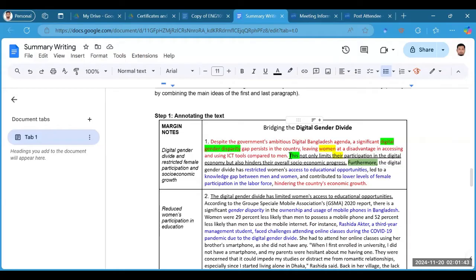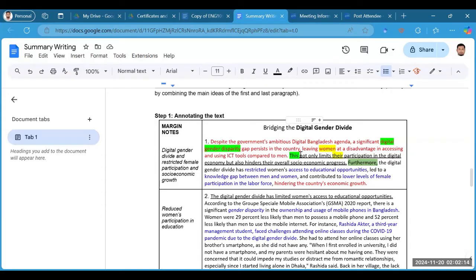In the next sentence, the writer says this indicates the gender-based digital divide, and the word "their" later represents women. This not only limits their participation in the digital economy, but also hinders their overall socio-economic progress. So I think this is the main idea of this first paragraph.